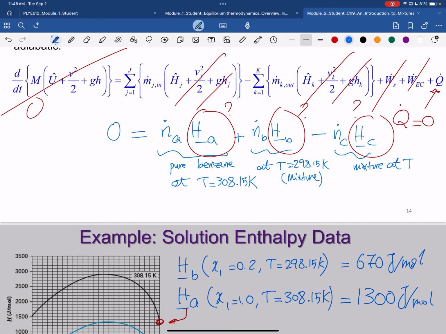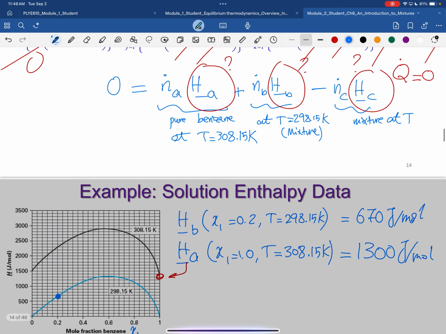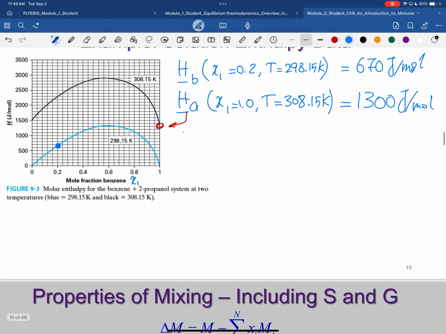Using these two numbers that I read from the graph, let's call this equation 1. Using 1, HC is going to be 827.5 joule per mole. Okay.